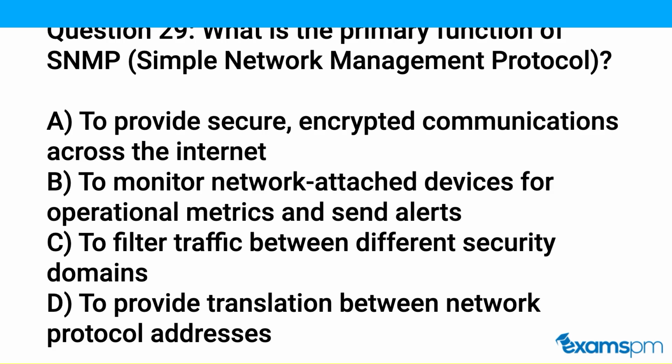Question 29. What is the primary function of SNMP, the Simple Network Management Protocol? A. To provide secure, encrypted communications across the Internet. B. To monitor network-attached devices for operational metrics and send alerts. C. To filter traffic between different security domains. D. To provide translation between network protocol addresses.